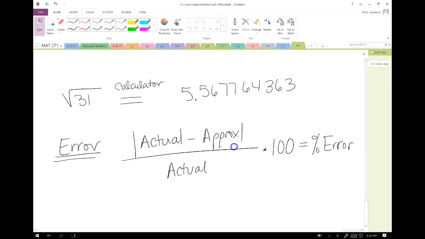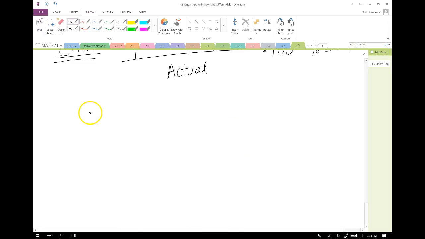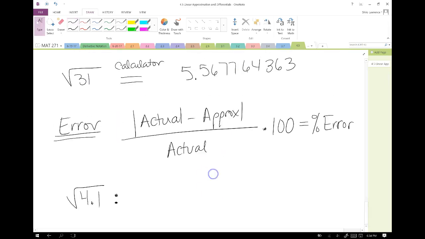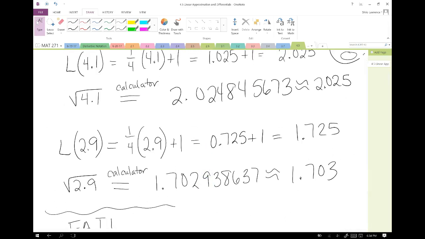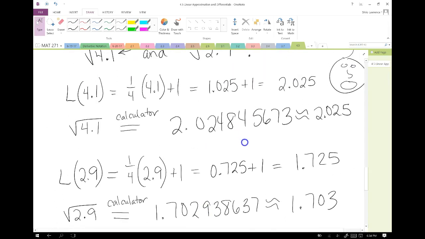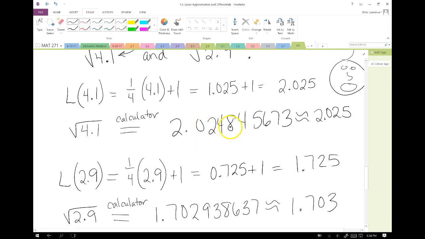It's our percent error. So for square root of 4.1, I don't think there's much error in that one. We were really, really close. So the actual value of square root of 4.1, and we're going to have to use a few decimals in order to get any sort of difference here, I'm going to say 2.0248.